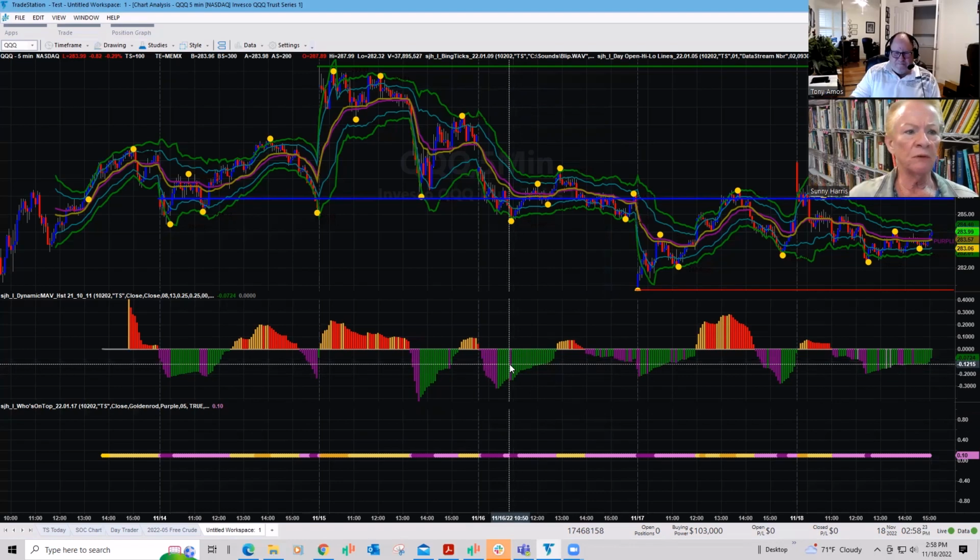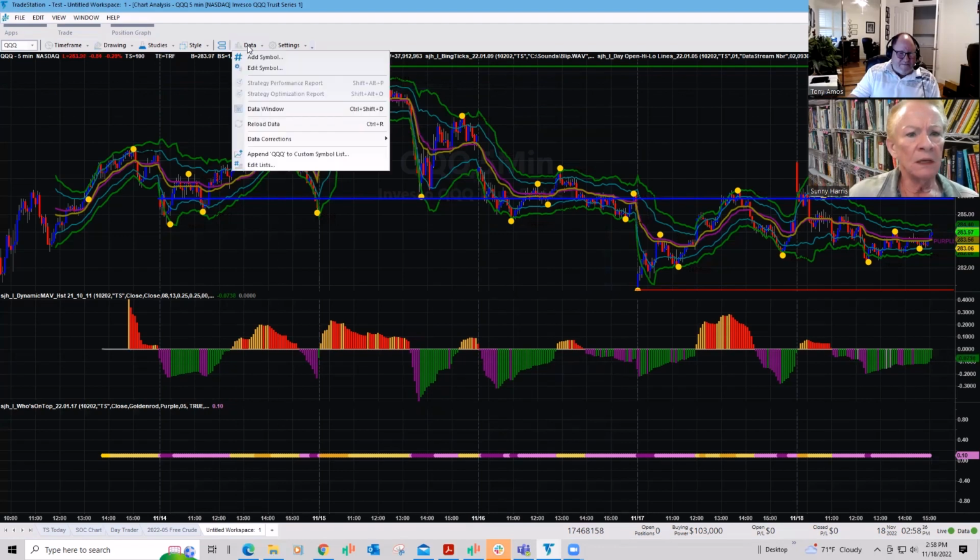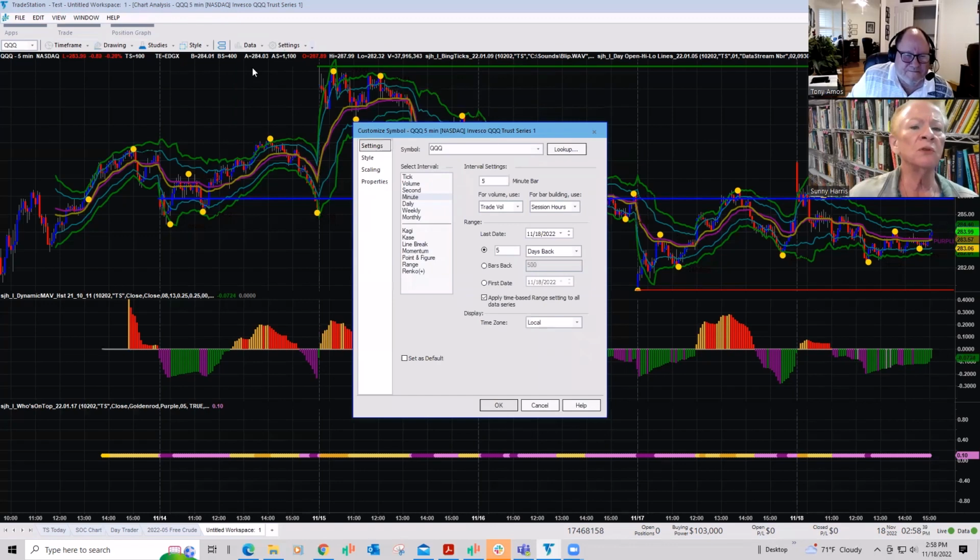You don't have this on 24 hours because there's no nighttime sessions showing up. So let's go to data up here by settings. Edit symbol. Oh, the QQQ is an ETF. It doesn't go 24 hours.